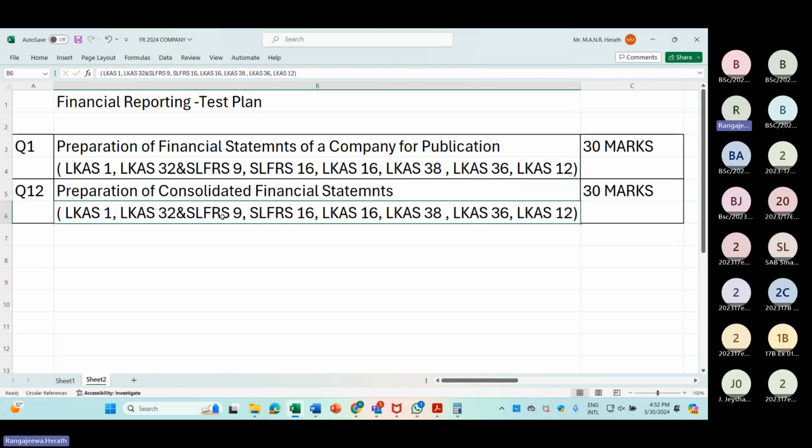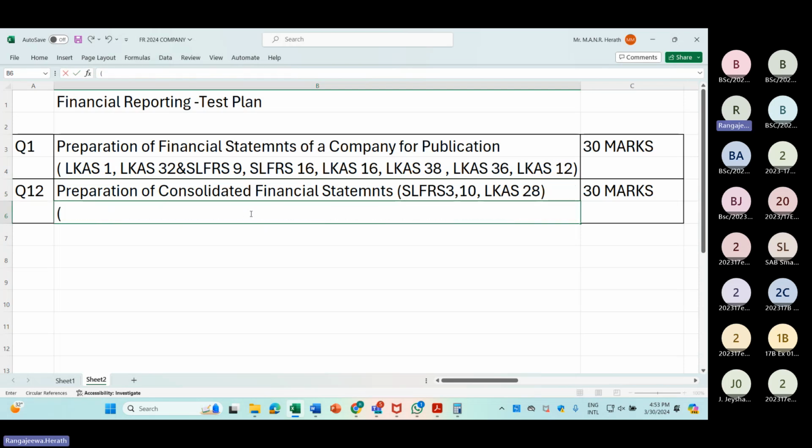So consolidated financial statements, that is based on SLFRS 3, 10, LKS 28 associate.